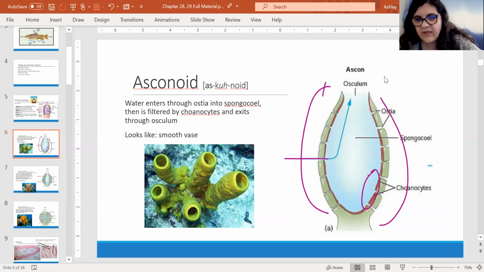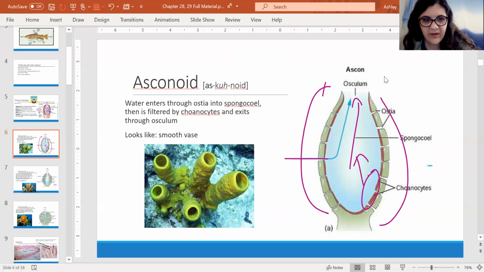It lines the whole center of the sponge, the spongocoel. They filter the water, and then it gets pushed out to here, and then goes through the top opening, the osculum. That is the asconoid sponge. There's no specialized portion. It's just in through the ostia, the choanocytes filter it, and it leaves through the osculum.